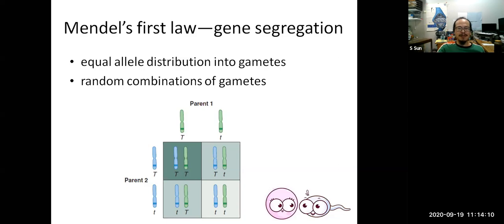So that's one law. And then the second law is that when they mate, when they fertilize with another, the chance will be random. It could be randomly combined. Chance will be equal, basically, randomly combined. So that's how we can use these squares, because no one is more important. No one has a higher chance than the other. Their chance will be the same. So that's the first law.